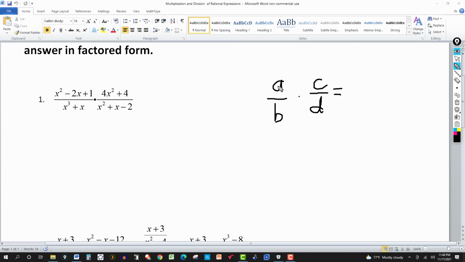So what we do here is just like regular fractions. So you have 3/4 times, say, 5/6. We could just multiply. 3 times 5, say it's 15. 4 times 6 is 24.